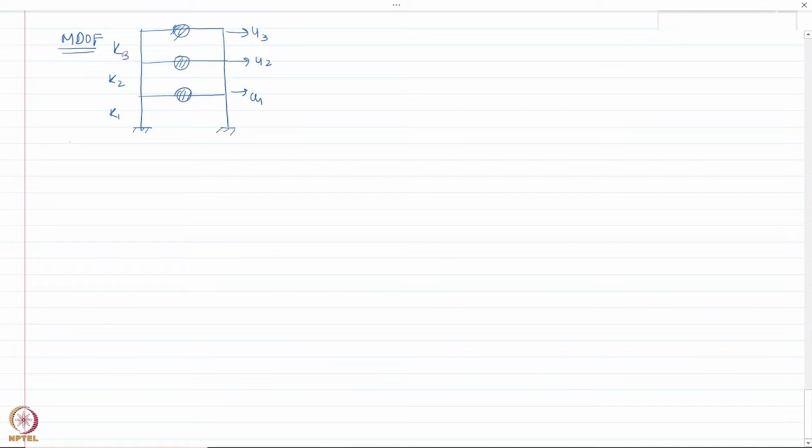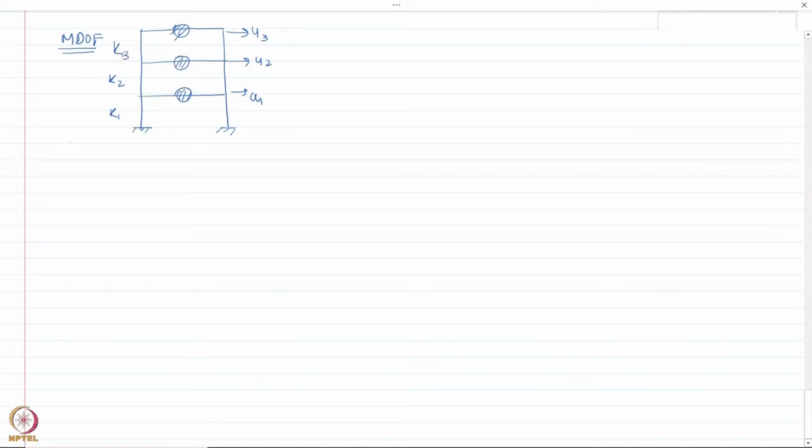We took an example of a three-story shear type building in which the building has 3 degrees of freedom represented by U1, U2 and U3, and it has masses lumped at each level, and the story stiffness is represented by K1, K2 and K3.